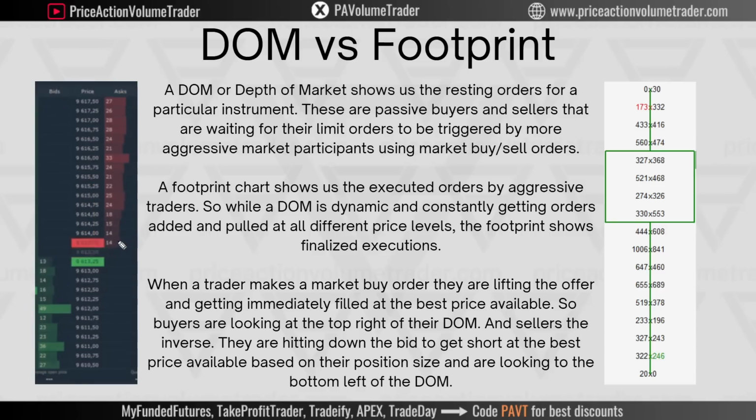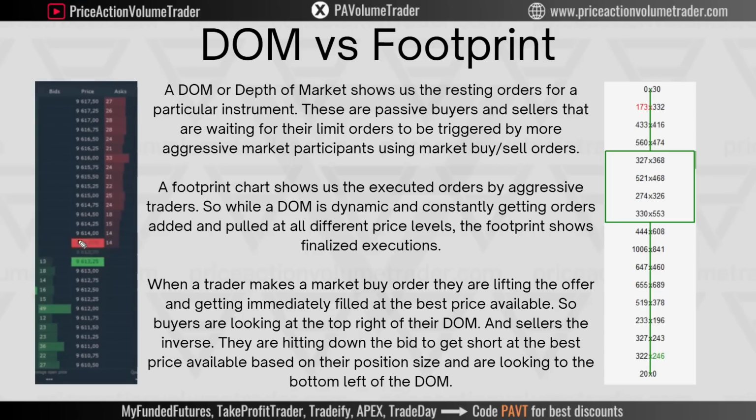That's why, for every buyer there's a seller, for every seller there's a buyer. So if someone wants to get aggressive and immediately buy to go long, it means they're basically hitting market buy and they're getting executed at the next best available price on the ask side.